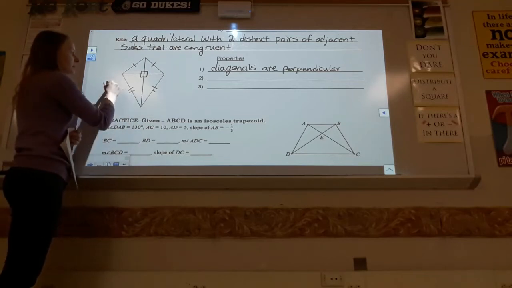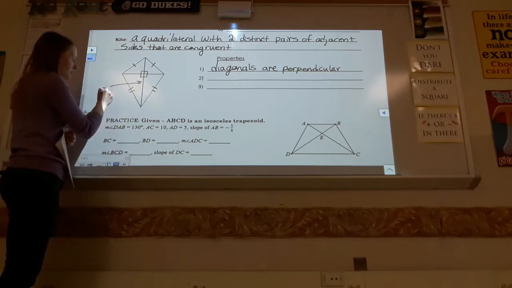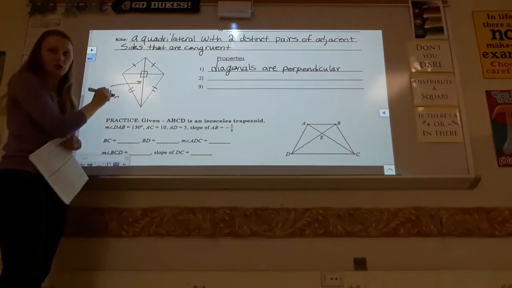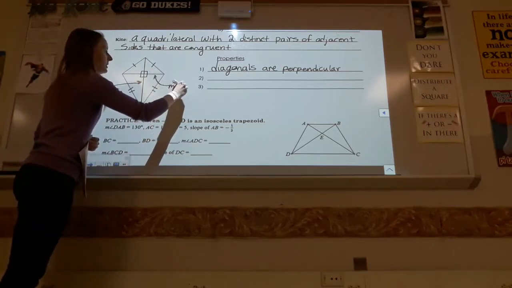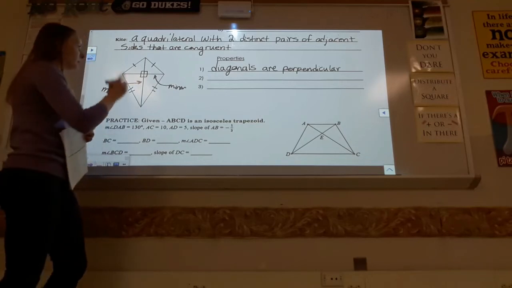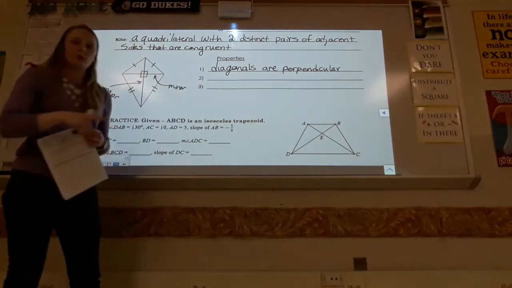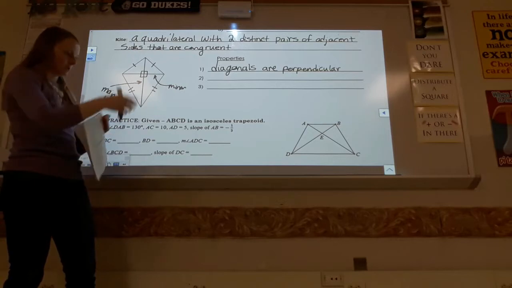Now, you should notice that there's a longer diagonal and a shorter one, so we call the longer diagonal here the major diagonal, because it's longer, and we call the shorter one here the minor diagonal, because it's shorter. So these next two things, I'm going to be using those two words, the major and the minor, just so you guys can understand what I'm talking about.